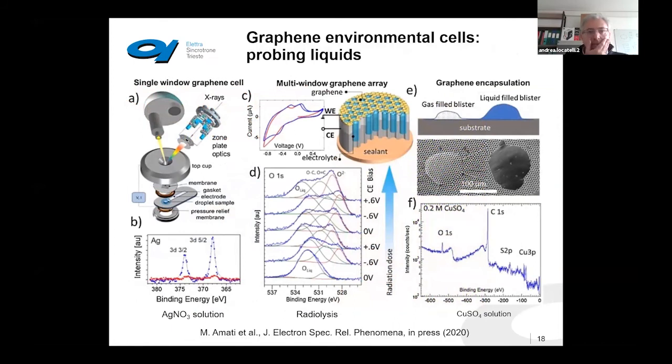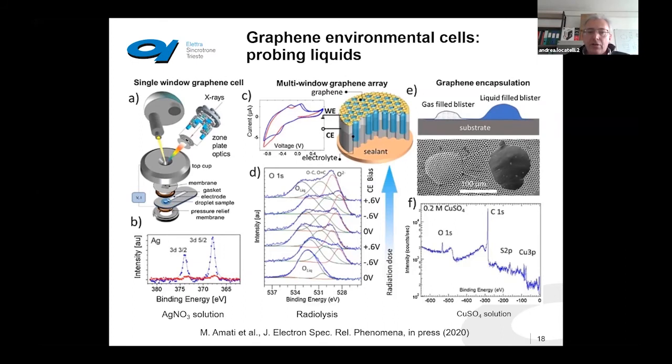So, of course, they can do more complex things. They use graphene cells to study liquids, for example, because graphene can prevent the liquid from evaporating into the vessel, but it's a membrane which is transparent to electrons, to photoelectrons. And in this way, they demonstrated they can collect XPS spectra from a silver nitrate solution.